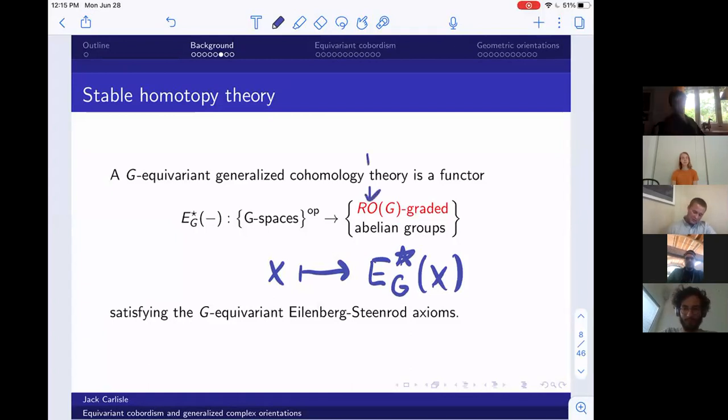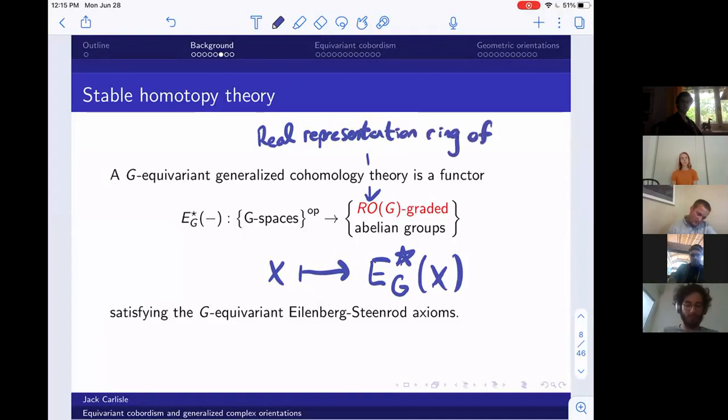So here, RO(G) is the real representation ring of G.